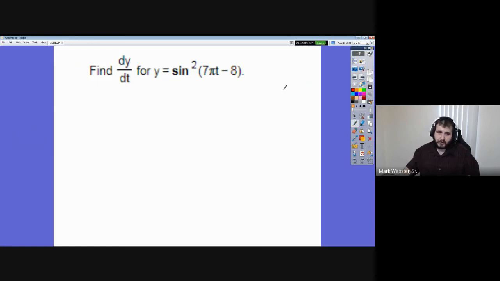Here's one more. And the reason I wanted to show you this one is because this one actually has 3 different layers. And I'm going to begin by saying I hate this notation. I think I've said this before. I hate this notation, this sine squared of whatever.